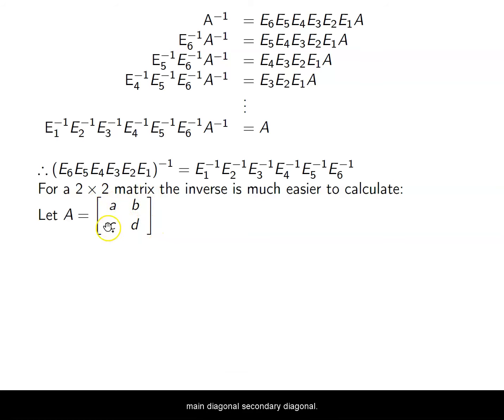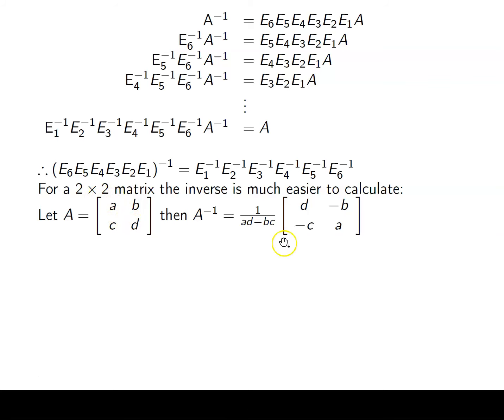The secondary diagonal turns negative. Okay. And then you multiply times A times D minus B times C, as a scalar. So A inverse is AD, this diagonal product, minus this diagonal product, okay, under 1.